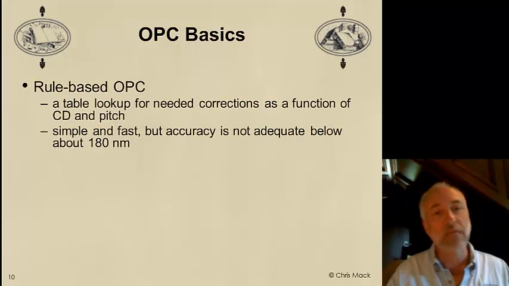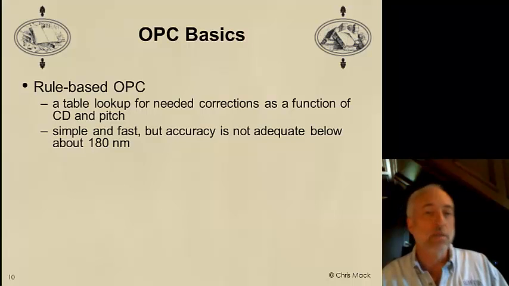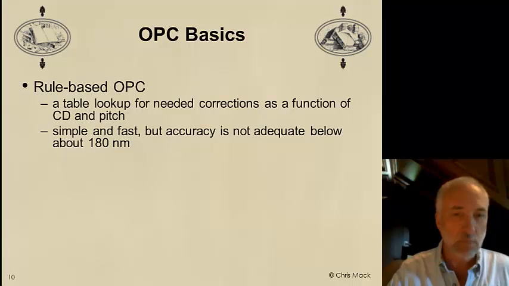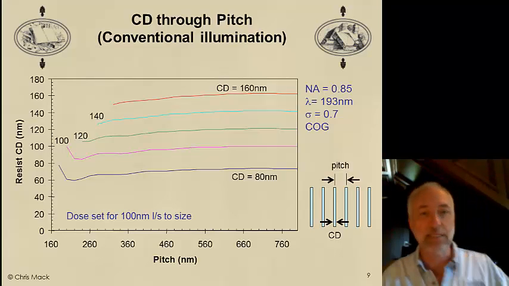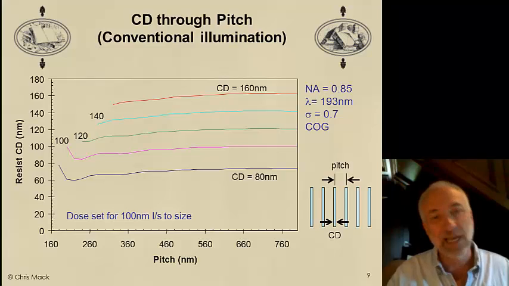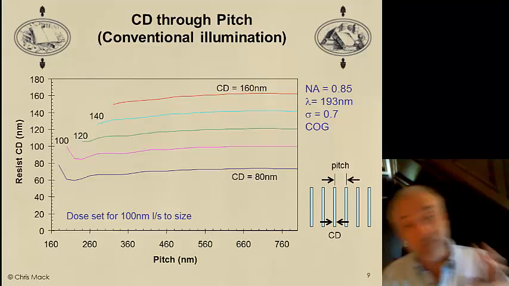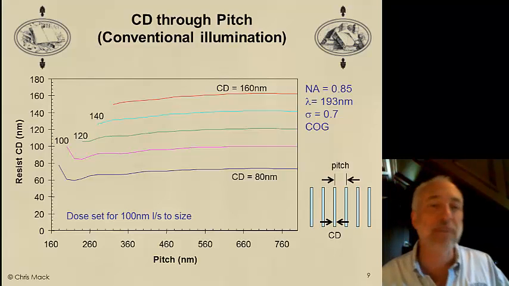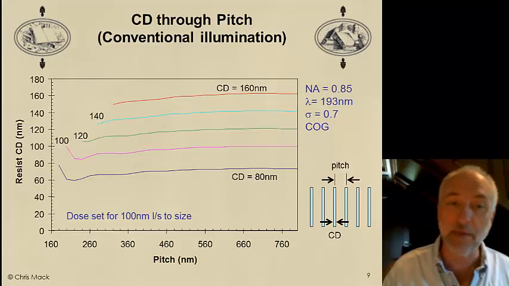There are two basic ways of doing that. The first way is called rule-based OPC. What I do is I collect this data, CD through pitch, for example, and I see how the CD is varying as the pitch is changing. From this, I predict how I could fix this by changing the CD on the mask.